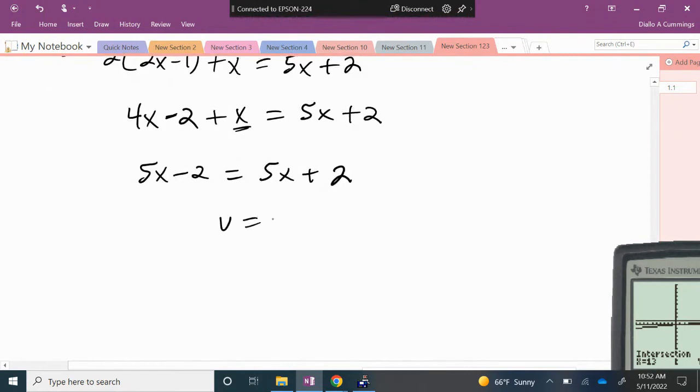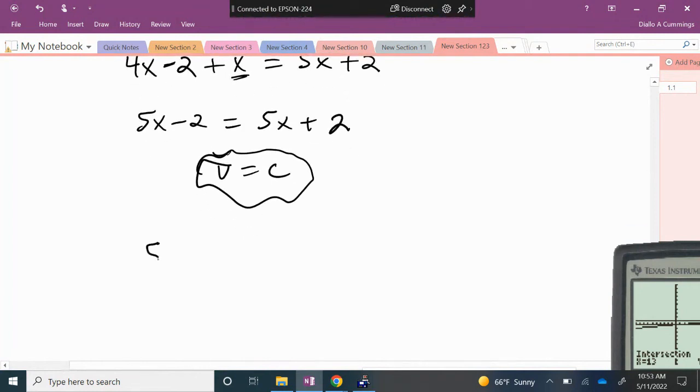All right, so I'm going to put all my variables on one side and my constants on the other. So now something funny is going to happen with this equation. If I look at my left-hand side, I only want variables. Negative 2 is not a variable, so I'm going to add, or transpose, negative 2 to both sides. So I have 5x is equal to 5x plus 2 plus 2.